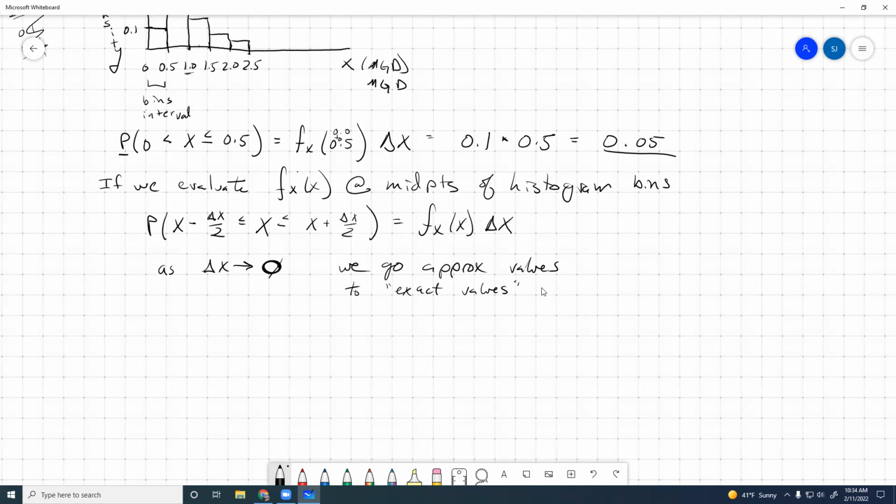And so we can say that our PDF, f sub x of x, is equal to the limit as delta x goes to 0, of the probability over delta x.